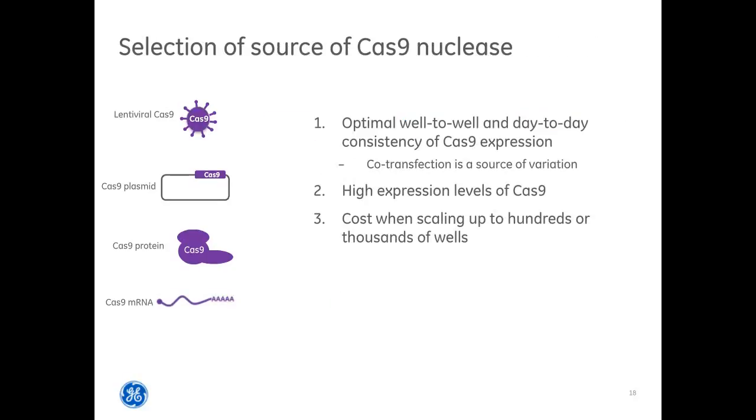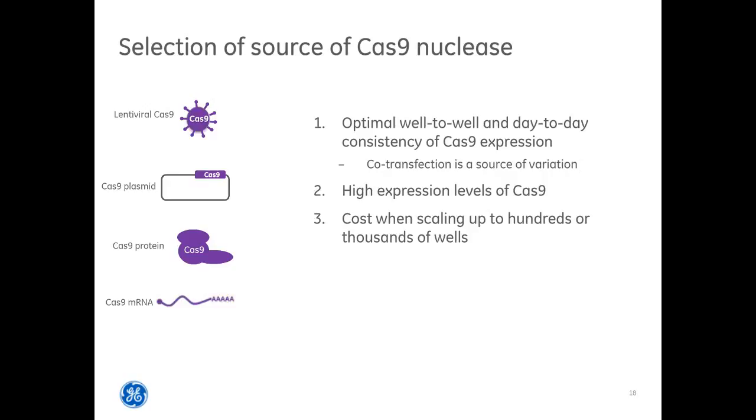But in the context of screening, rather than just doing a few experiments, you have to consider which source is going to give you the highest consistency across wells, especially over a period of time, while keeping in mind that co-transfection will introduce a source of variation.